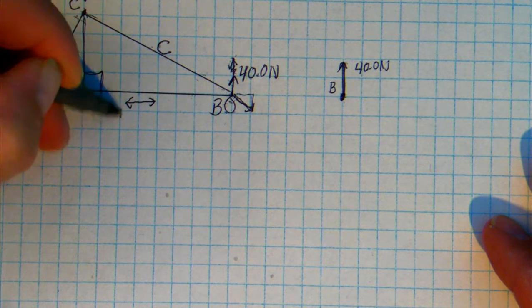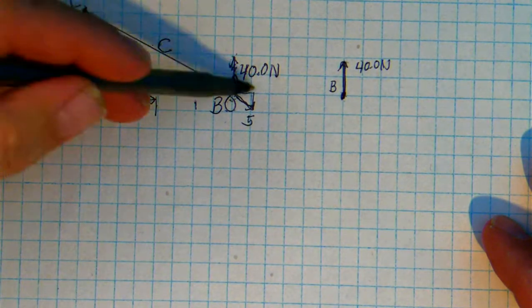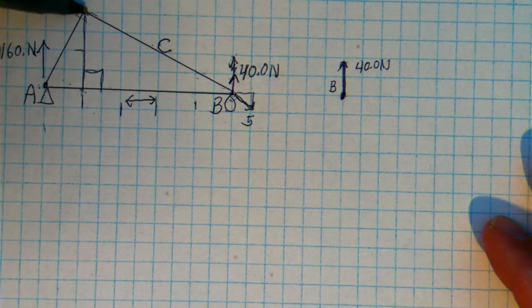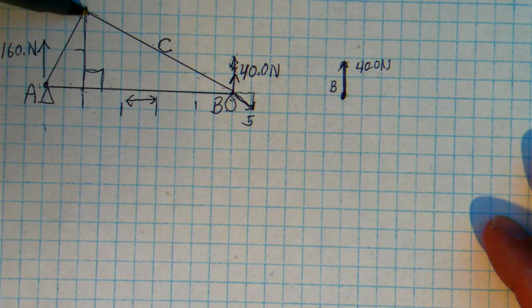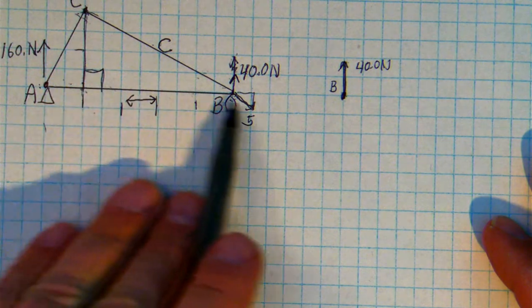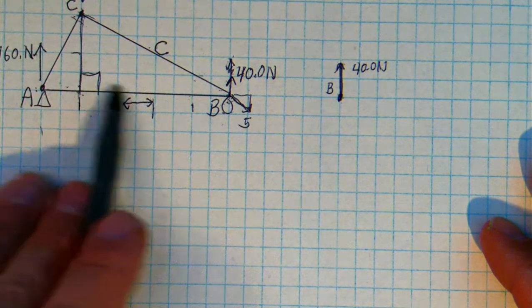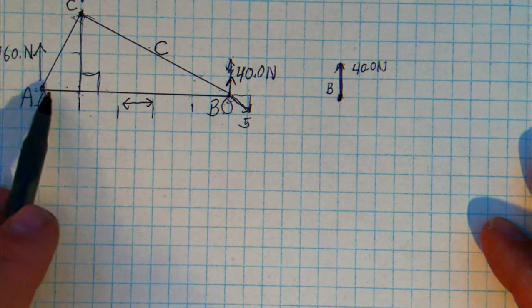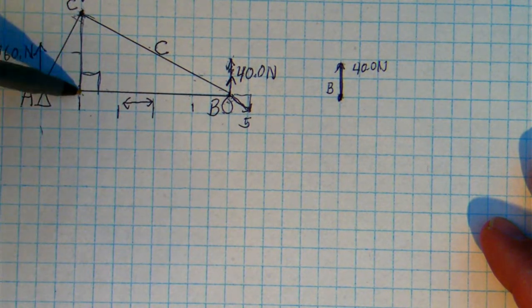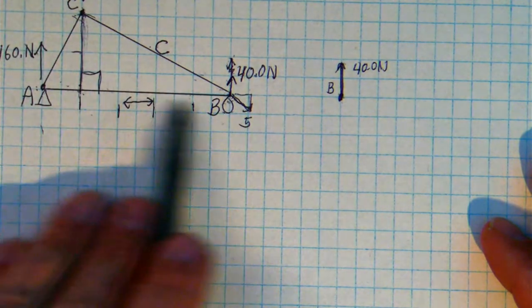So 1, 2, 3, 4, 5 is the scale, and this was 1, 2 is the scale. So for every 2 units of vertical distance or force, there are 4 units of horizontal distance or force, because we're not going from point A, we're going just this little right triangle here, a vertical component and horizontal component between B and C.